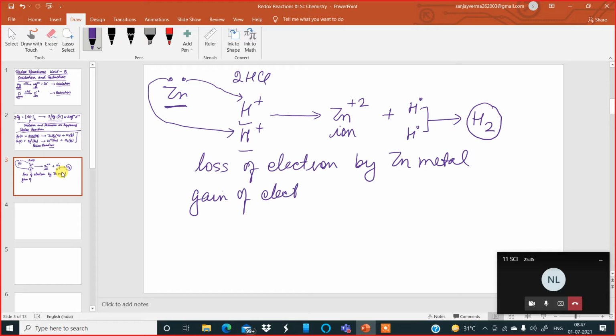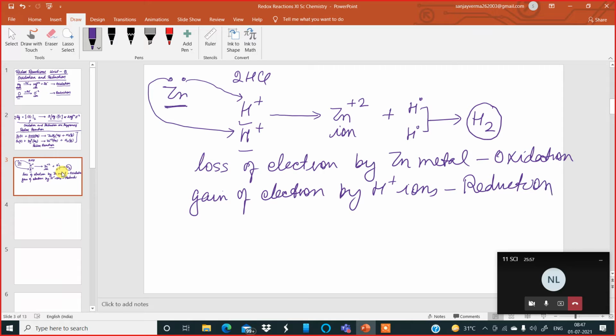By hydrogen ions. So whoever is losing the electron, that is oxidation, correct? And whatever is gaining electron, that is what? Reduction. Now I think this is clear, no? Okay, very good.